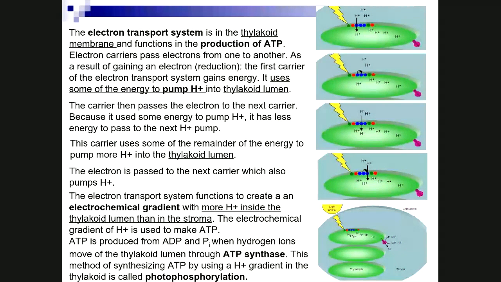We then produce a hydrogen ion gradient because there's a hydrogen pump. We're pumping hydrogen into the lumen, and this electrochemical gradient can then be used to make ATP using ATP synthase in a form we call photophosphorylation, right? Not oxidative phosphorylation, but photophosphorylation. So you might want to read through this if you didn't get it right now, because this is an important part as well.